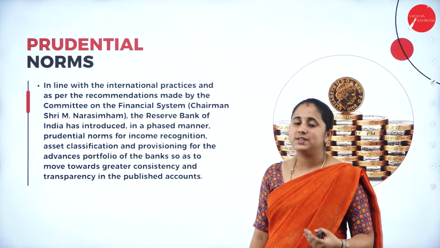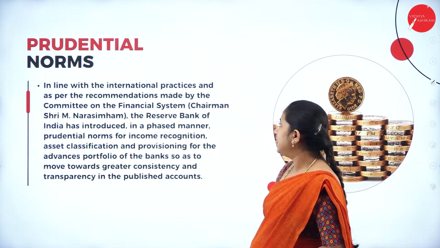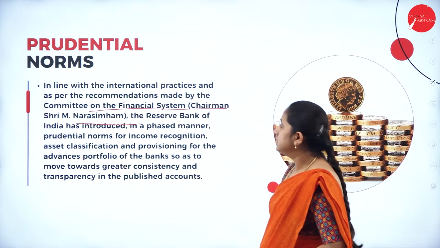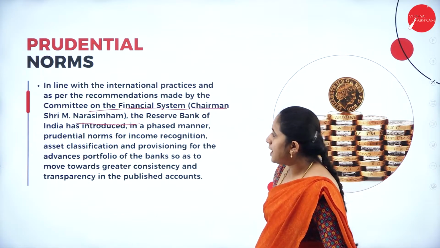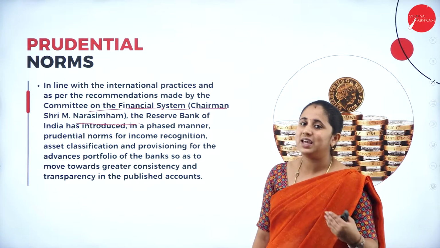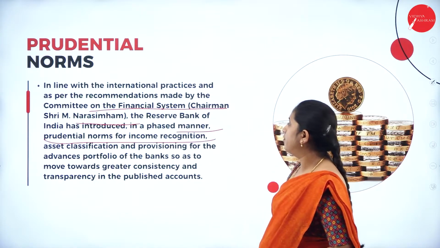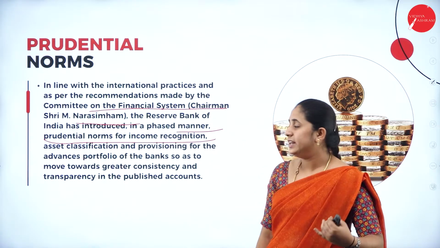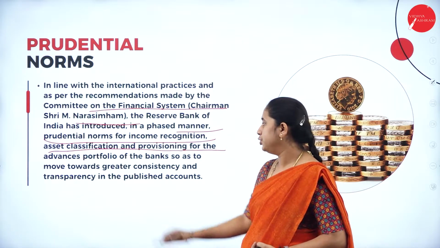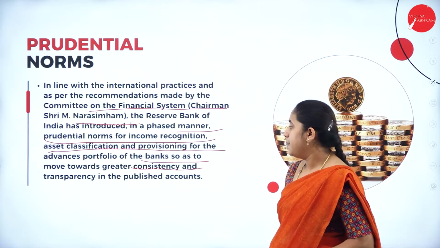Basically, prudential norm means solvency and liquidity position for the commercial banks. In line with international practice and as per the recommendation made by the Committee on Financial System, chaired by Shri M. Narasimhan, the Reserve Bank of India has introduced in a phased manner prudential norms for income recognition, asset classification and provisioning for the advances portfolio of the banks, so as to move towards greater consistency and transparency in the published accounts.